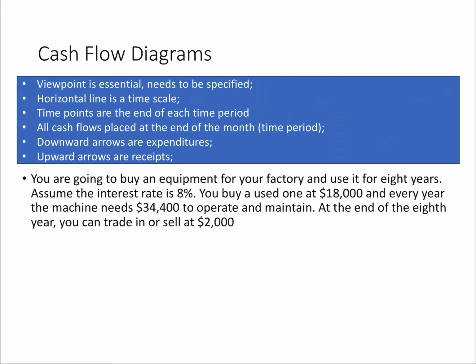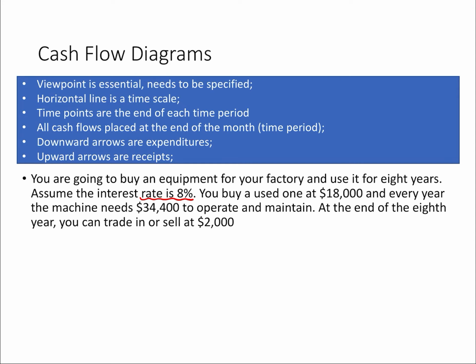And here I have an example. That's from our case to buy a car from 2 dealers, okay? And this is just the case of the first dealer. And here we assume that the interest rate is 8%.